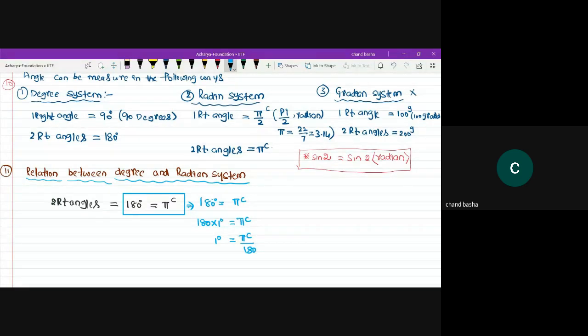Hope you can understand my point and how I am deriving. Now, pi value is how much? As I said, it is 22 divided by 7. I'll give an approximate value. So 1 degree is equal to 22 divided by 7, divided by 180.